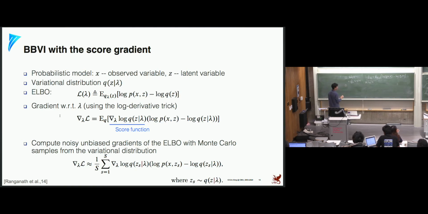Now, the second thing we need to know is, this thing is called the score function in statistics. In words, the average log likelihood gradient is always 0. This is a very neat proof. I'm not going to cover that. You can find this in pretty much any statistics textbook.